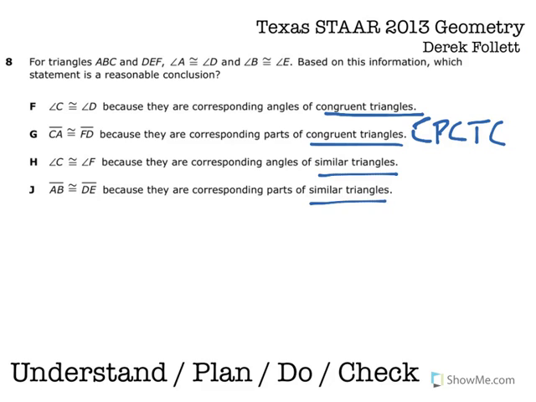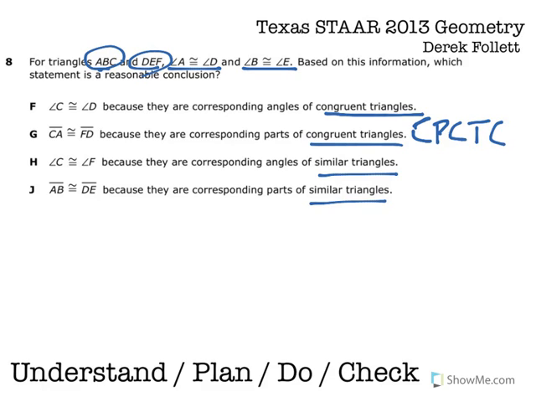I've got some given information. This pair of angles and this pair of angles are congruent. I think that's all that's given, really. I've got the 2 names of the triangles. And then based on this information, which statement is a reasonable conclusion?